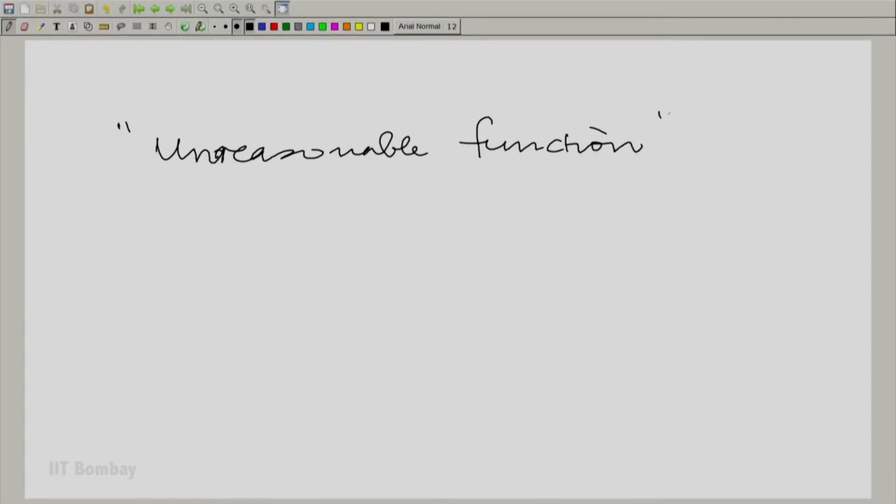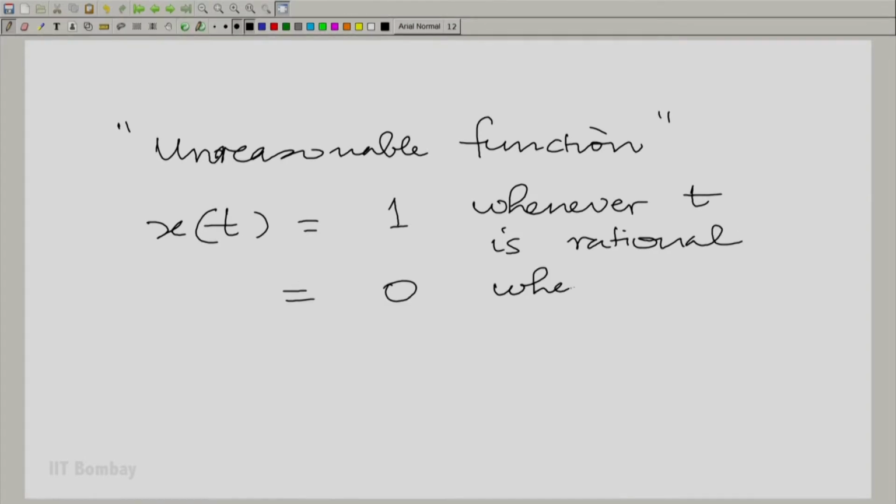So let me define x of t in the following way. x of t is equal to 1 whenever t is rational and 0 whenever it is irrational. Now I call this unreasonable on several counts. You see, take any interval, any tiny interval as tiny as you desire.